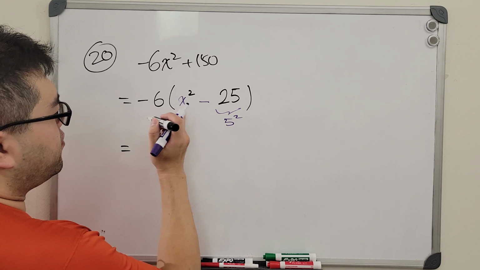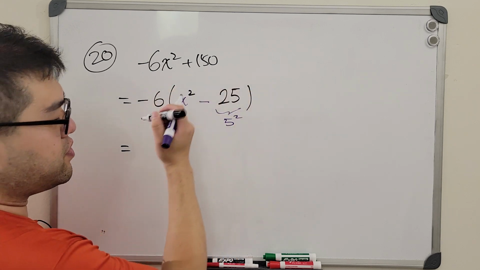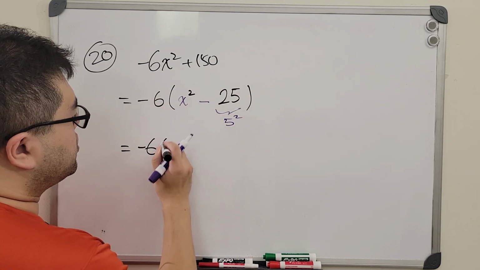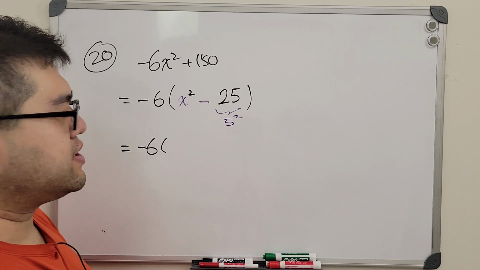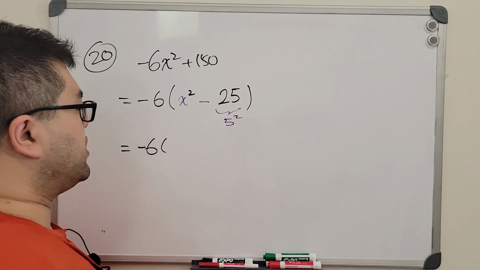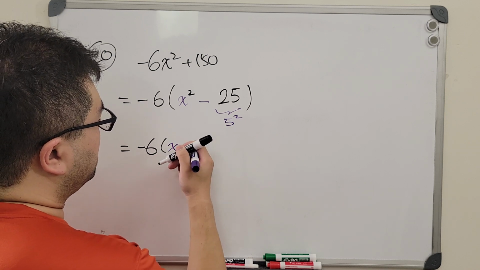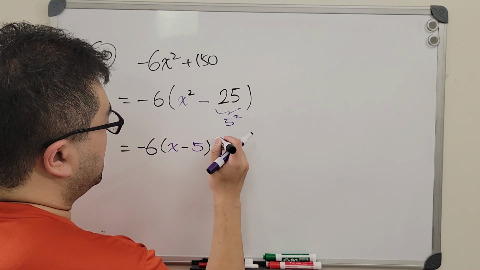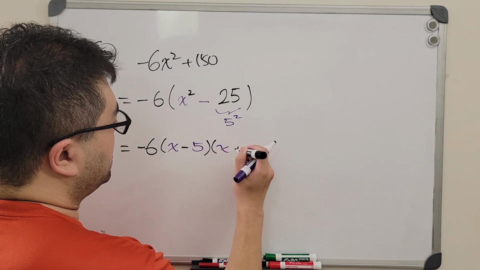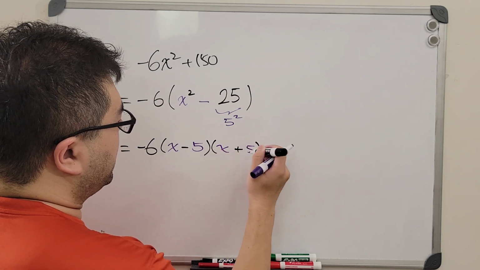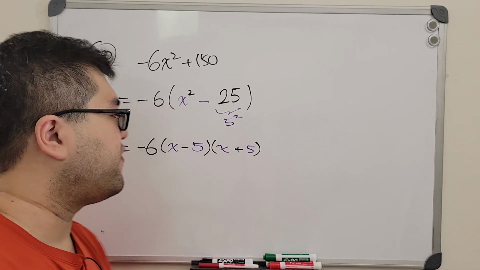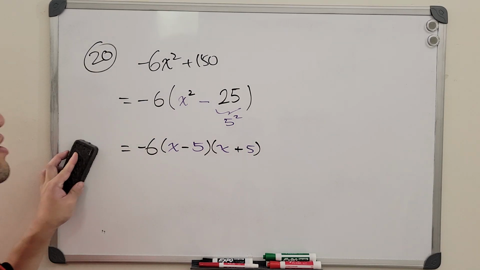Now we have the form a squared minus b squared inside the parentheses. We can do the factorization using the formula that we know, which means we now have a minus b times a plus b, where in this case our a will be x and our b will be 5. And that is the answer.